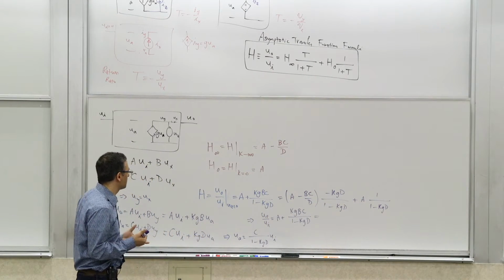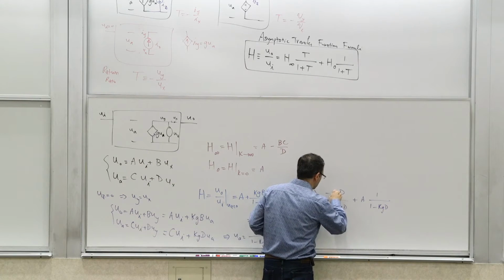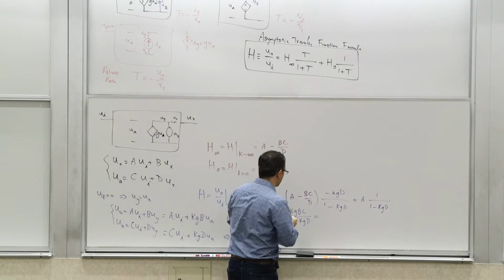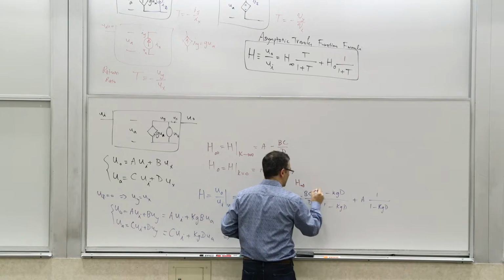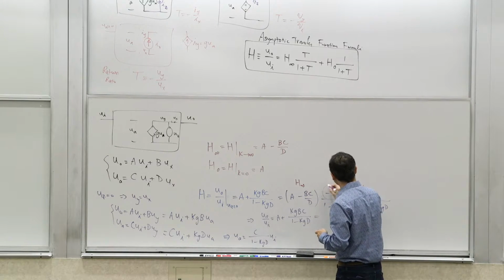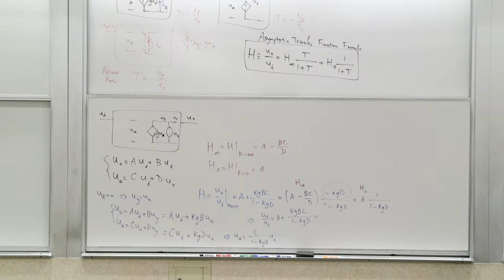Now, we know this is H infinity, and this is H0. So if we find out what negative KGD is, then we are done.